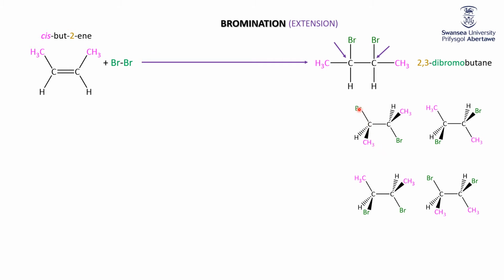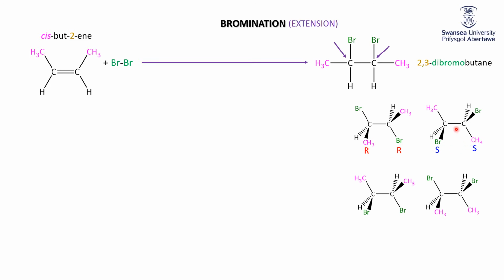Okay, priority: bromine's always 1, the rest of the molecule is 2, methyl is always 3. So here I go, bromine, rest of it, methyl, that makes that R. Go over here, hydrogen back, bromine, rest, methyl, still going clockwise, so carbon 3 is also R. Move to this one, hydrogen back, bromine, rest of it, methyl, 1, 2, 3, counterclockwise, so carbon 2 is S. And then this one here, hydrogen back, bromine, rest, methyl, 1, 2, 3, also S. So there's the RR and the SS.